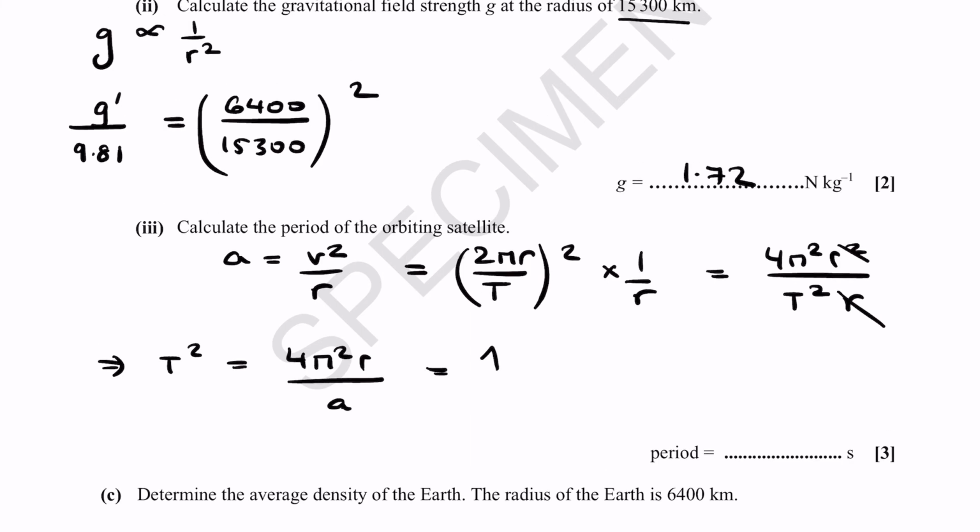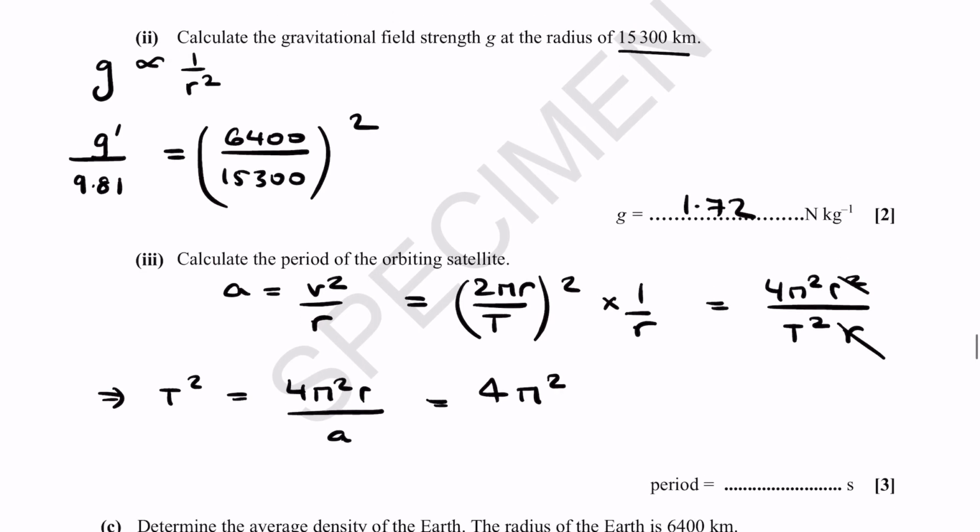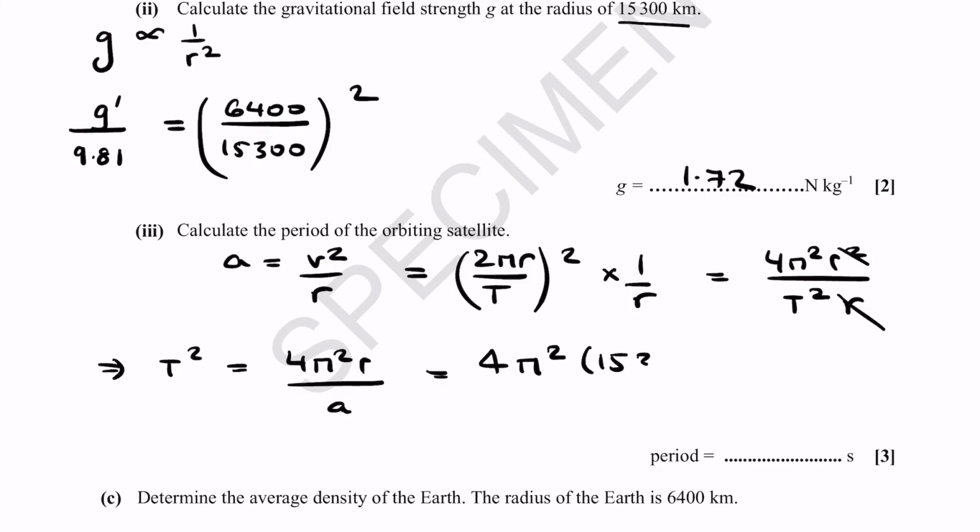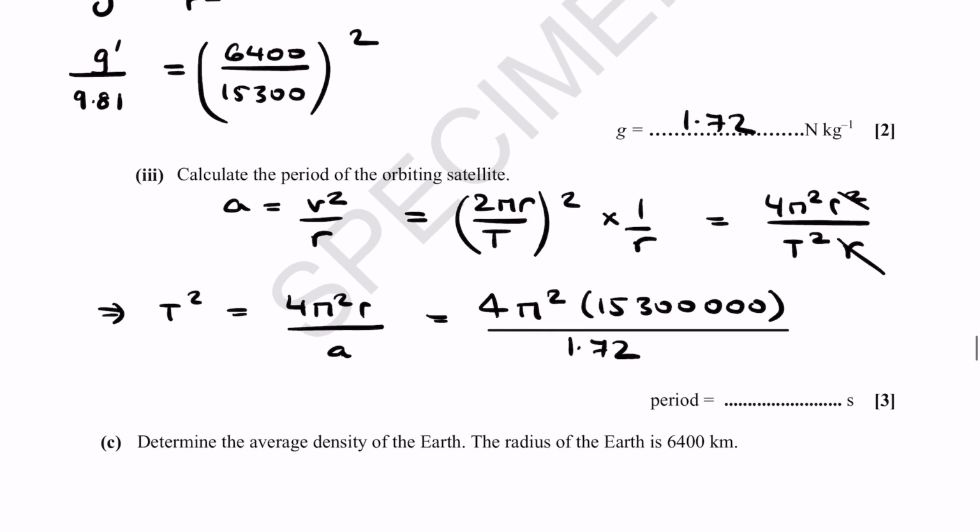So 4 pi squared times 15,300 over a, which is 1.72. And that will give me a time period, square rooted, of 1.9 times 10 to the 4 seconds.